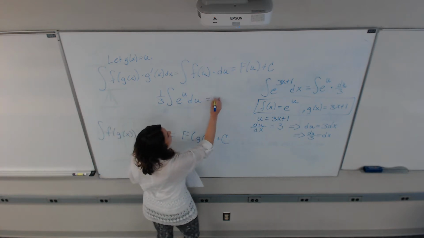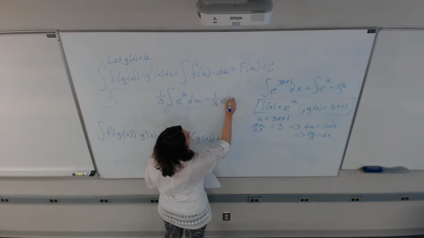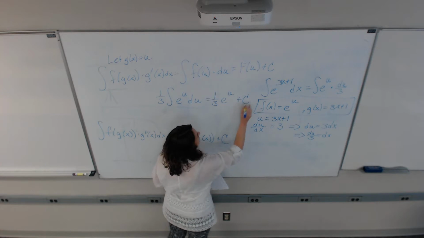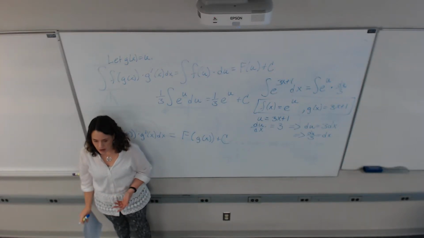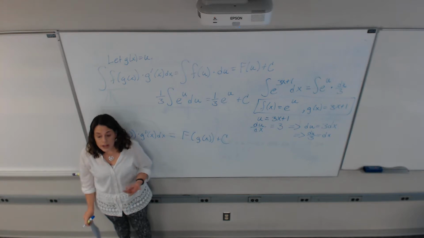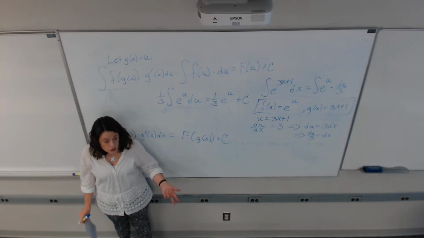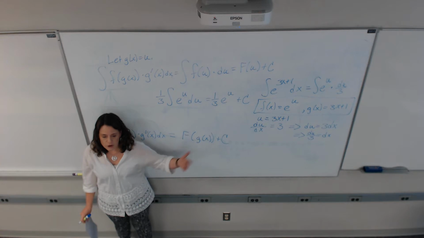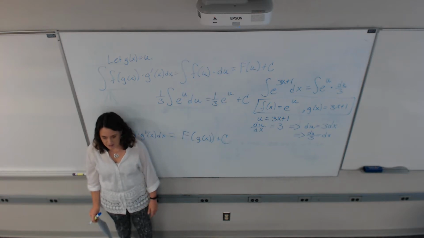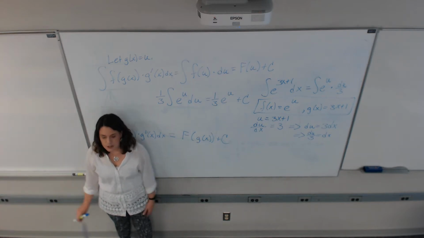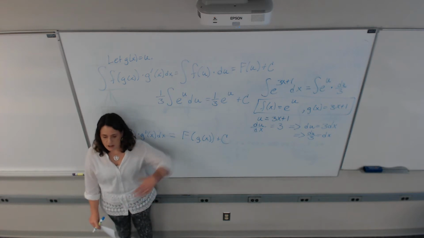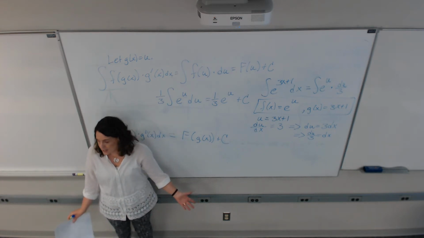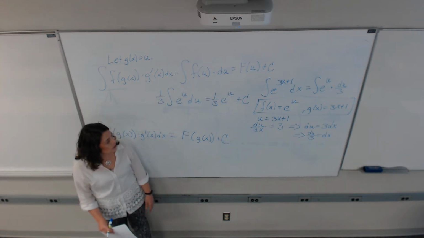Don't forget about the 1/3 at the front. So I have 1/3 e to the u plus a constant. And some students ask me, well, why don't we multiply the constant by 1/3? We are. You do. But what is 1/3 of a constant? It's another constant. So we just roll it all together and just call it plus c. Because we don't know what c is anyway, right? So we roll it all together.